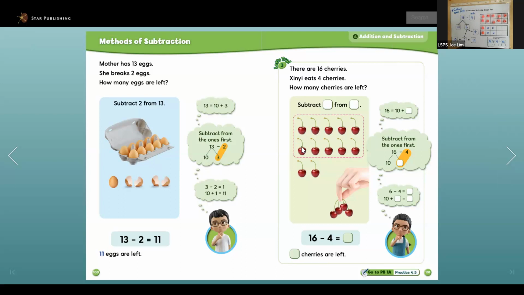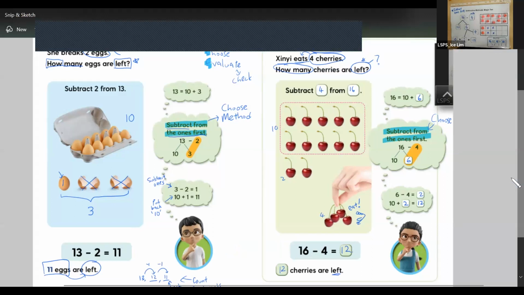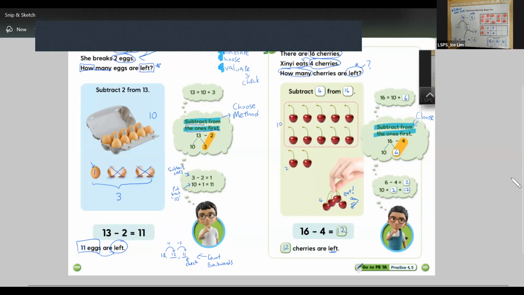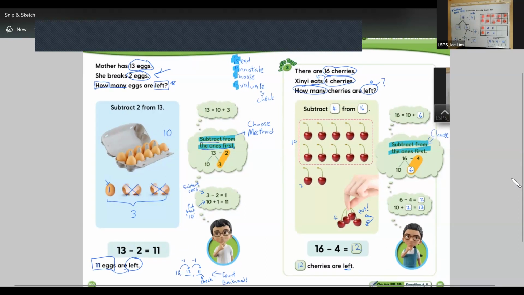Now, everybody, on these 2 pages of the textbook, you can see the strategy called subtract from ones first. Everybody, can you say subtract from ones first? George, what is this strategy? Can you please stay focused? Thank you. Subtract from ones first.